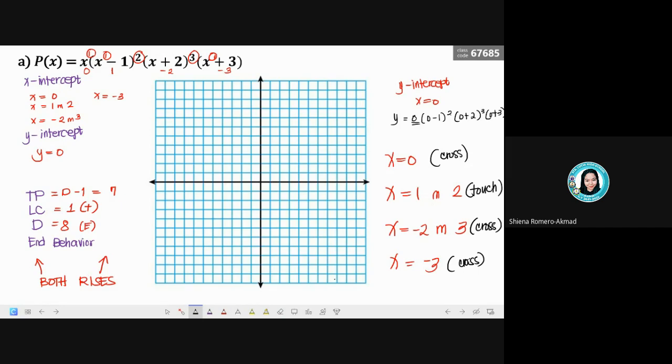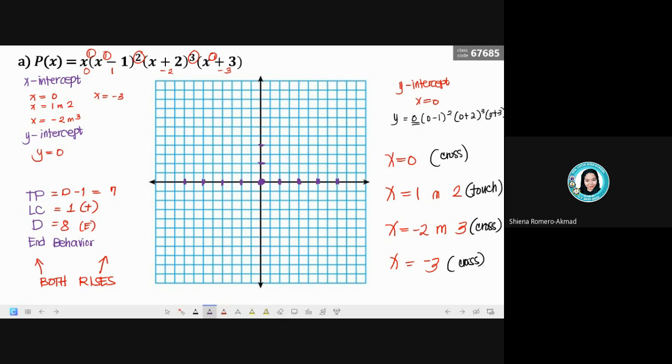Now, let's plot the points. The points are 0. Nakikita ba? Or should I use purple? 0. So, gawin natin tong 1, 2, negative 2, negative 3, negative 4. 1, 2, 3, 4. 1, 2.